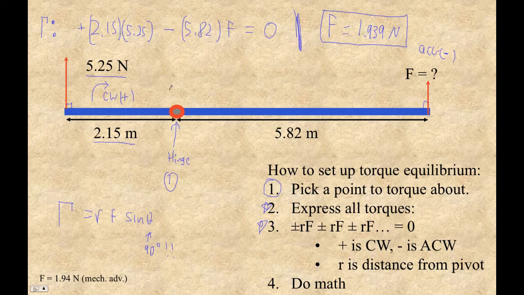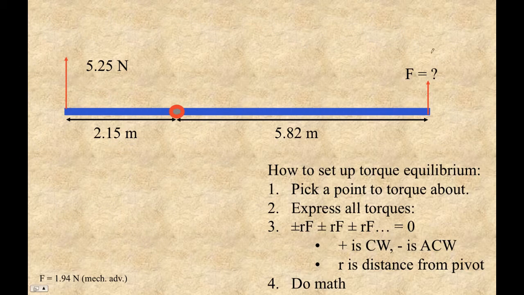It turns out that you can set up torque about any point here. This gets a little bit complicated because in reality, we know that this is 1.939 newtons, so therefore there's actually a force down here of 5.25 plus 1.939. The reason we know there's a force of about 7.189 newtons is that the forces up and the forces down have to add up to 0. If this thing's in equilibrium, then they have to.